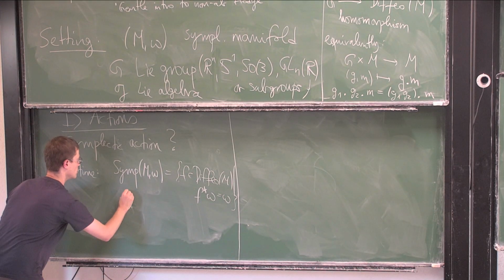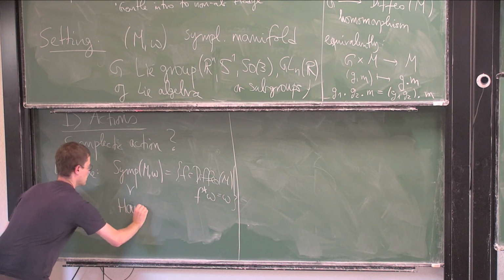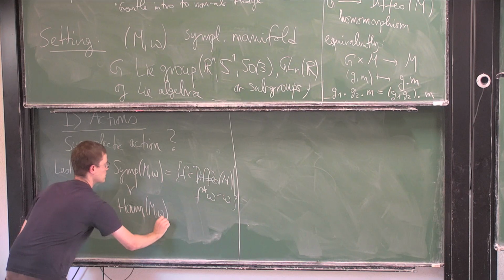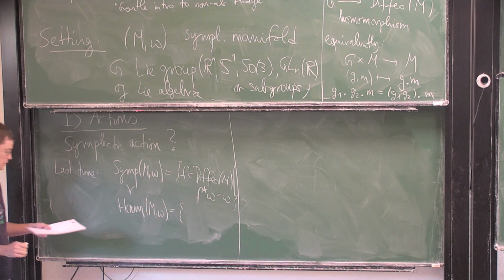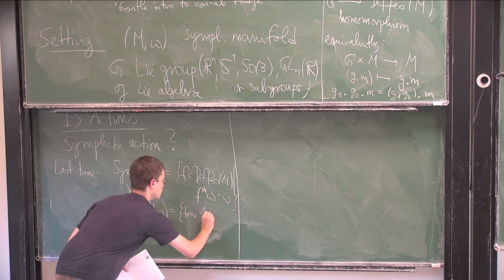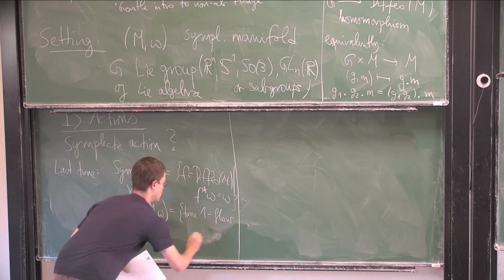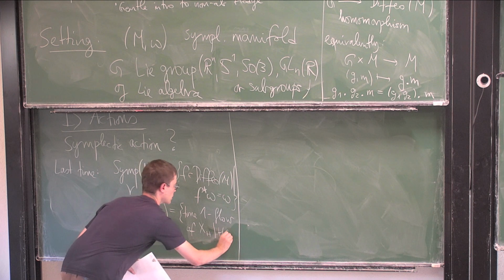It's a subgroup. And I said that this is like the time one flow of a Hamiltonian vector field X_H for some Hamiltonian H.